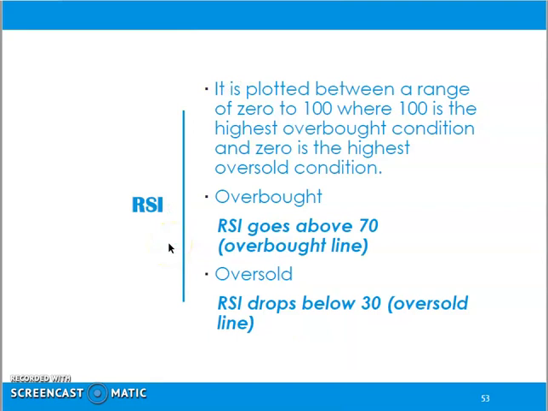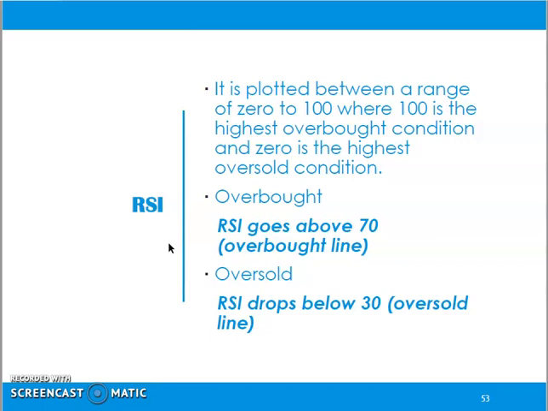RSI is classified as a bounded oscillator. That's why it's plotted between a range of 0 to 100, where 100 is the highest overbought condition and 0 is the highest oversold condition.